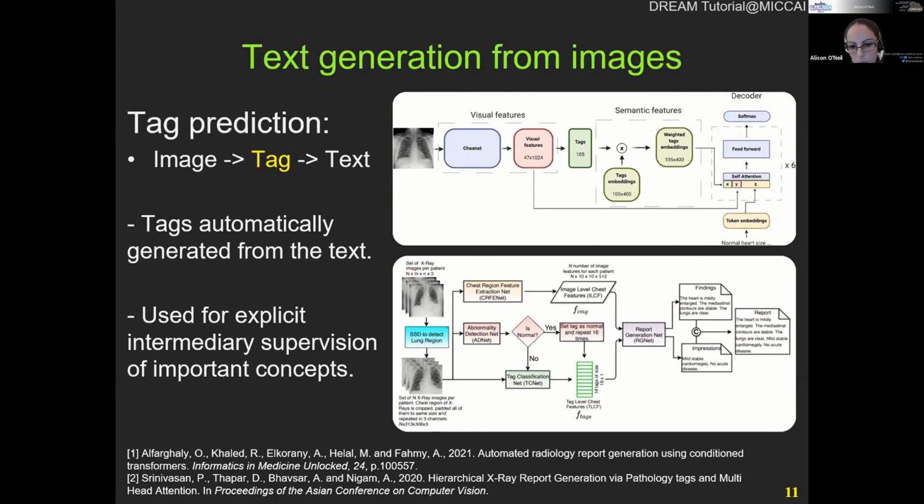In this way, they still use the imaging as an input for the text generation, but they also use the tags that have been detected. This way we can do explicit supervision of concepts that we know to be important. And I think there's a paper at MICCAI this year that tried to do something similar, but in an implicit way, with latent variable inference.